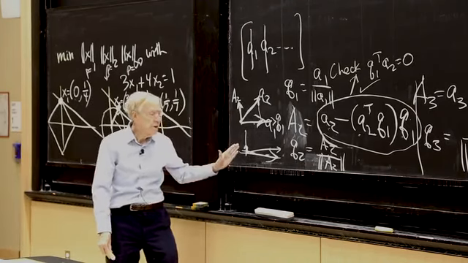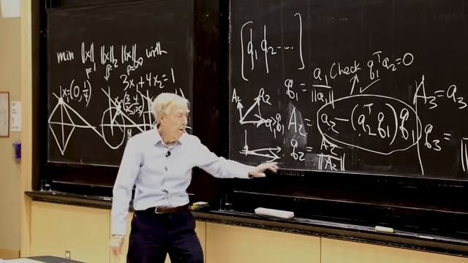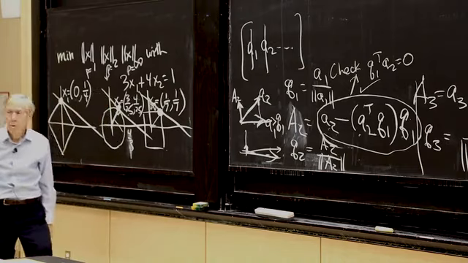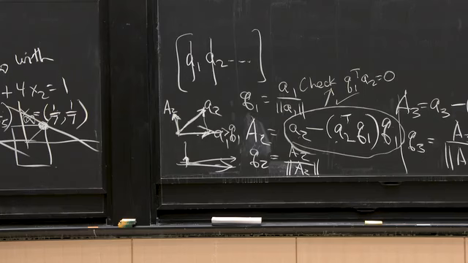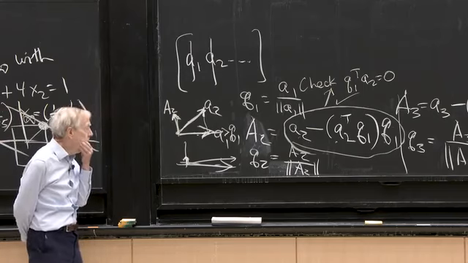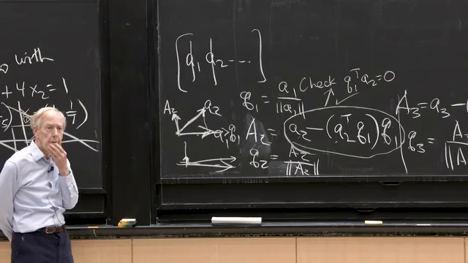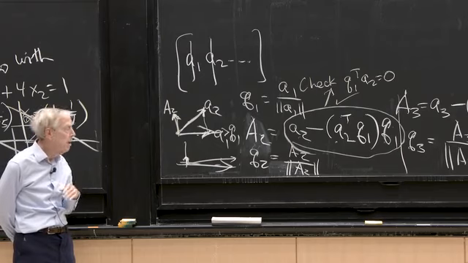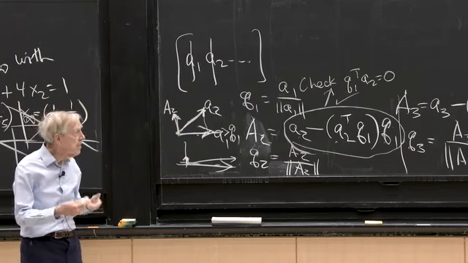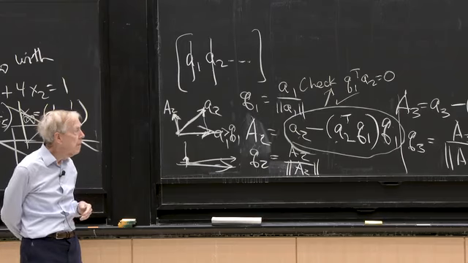And if that A2 is a tiny vector, dividing by it is building in round-off error that we can't remove again. We're stuck with it. So that's the column exchange, column pivoting idea in a more professional Gram-Schmidt.